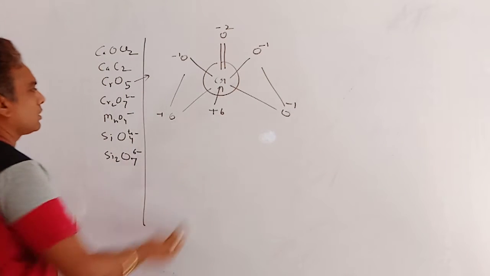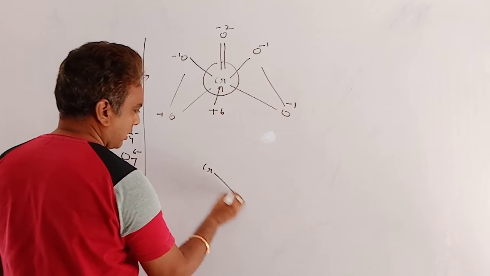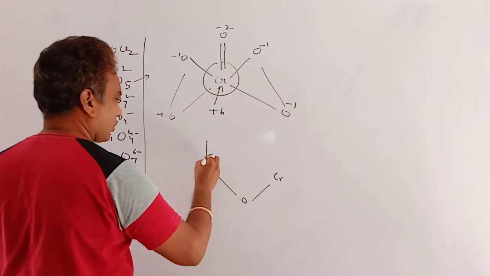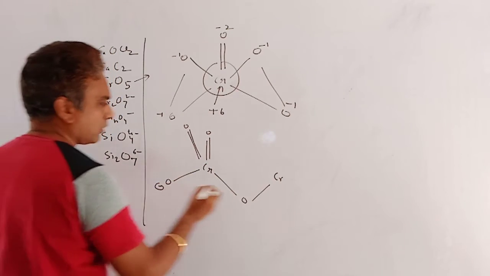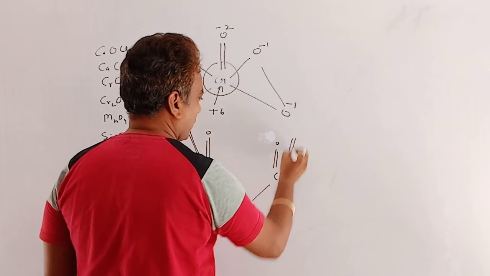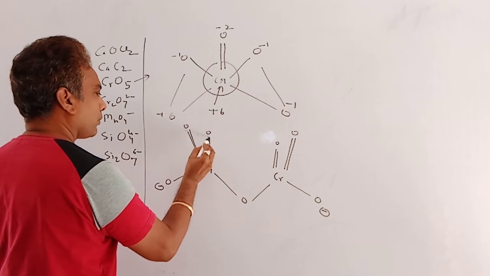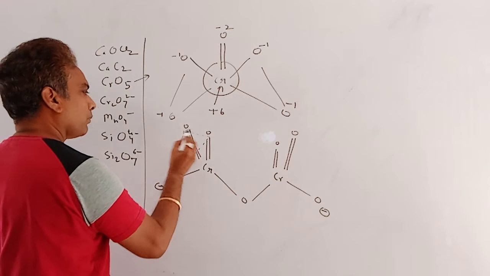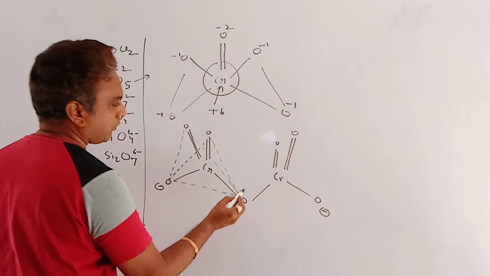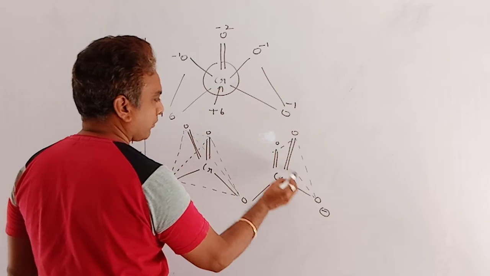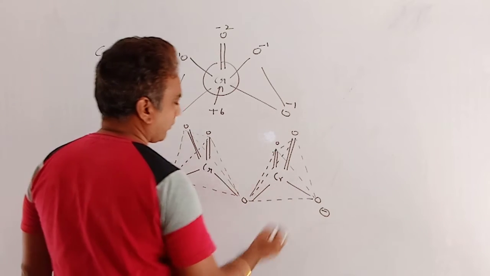Next structure is the dichromate structure. What is the structure of dichromate ion? Here is the structure of dichromate. With respect to each chromium, geometry is tetrahedral like this. Clear?